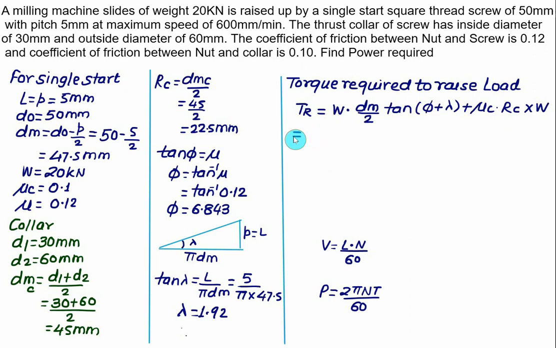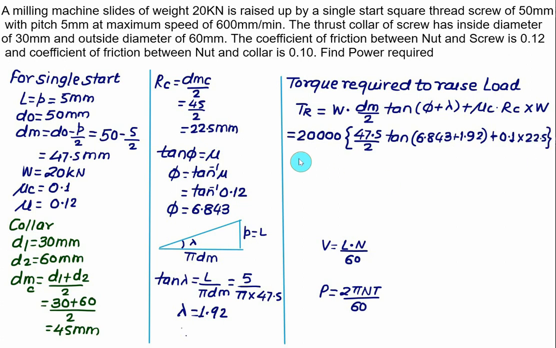W is 20 kilonewton, that is 20,000, which is common to both. dm by 2 is 47.5 divided by 2 into tan of phi, where phi is 6.843, plus lambda, which is 1.92, plus mu c, which is 0.1, multiplied by Rc, which is 22.5.